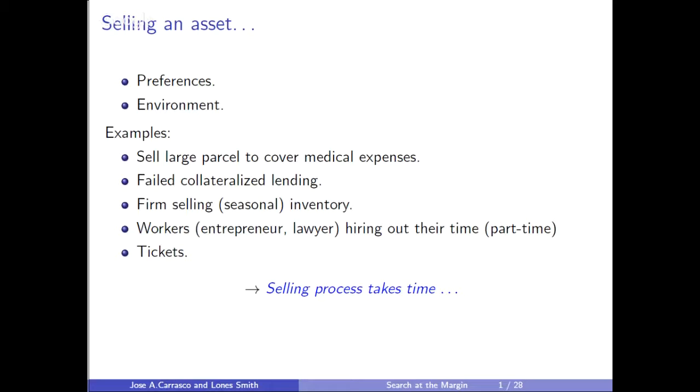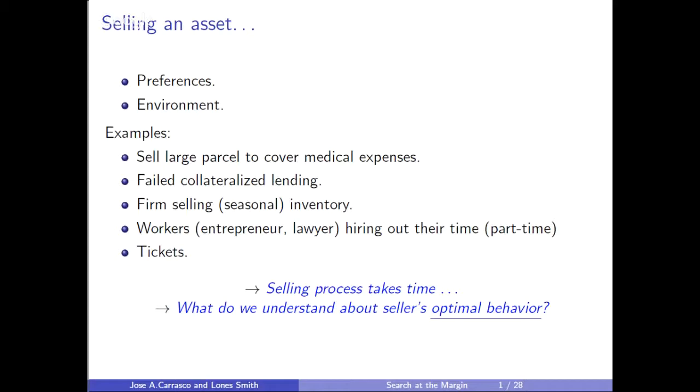So in all these cases, the selling process takes time. And the question we pose is a very simple one, is this one. What do we understand about the seller's optimal behavior? So very simple, I want to sell an asset. So how should I sell it?